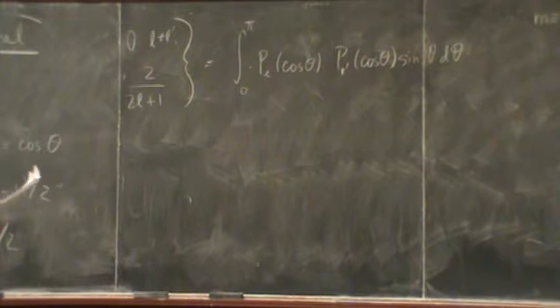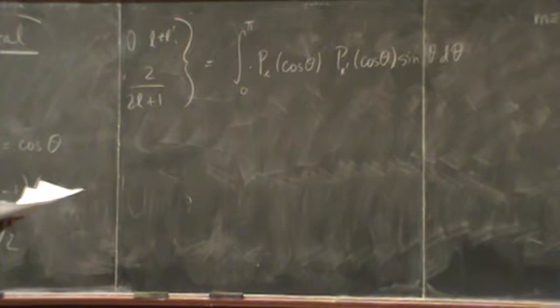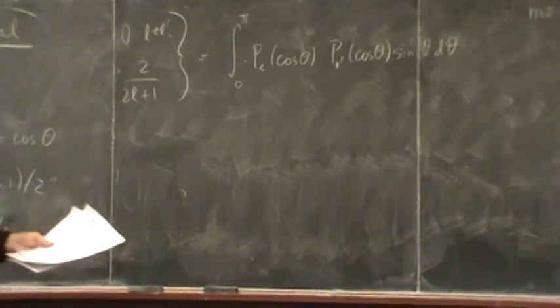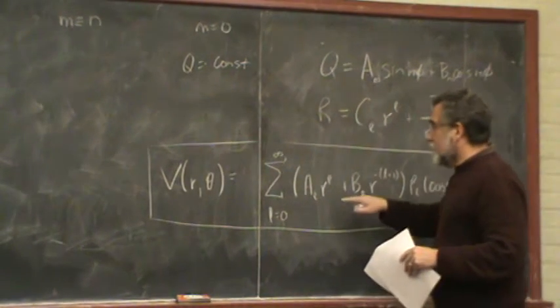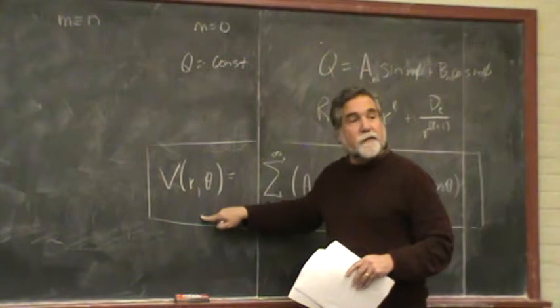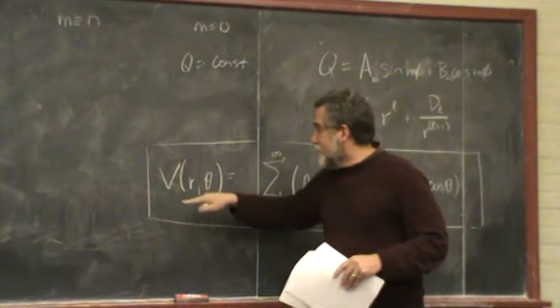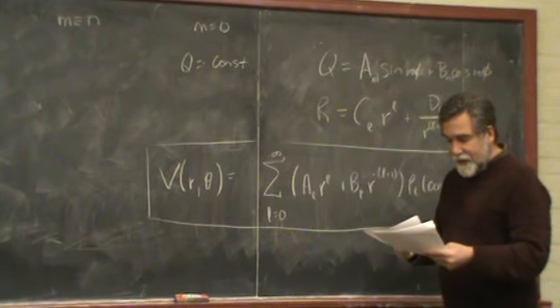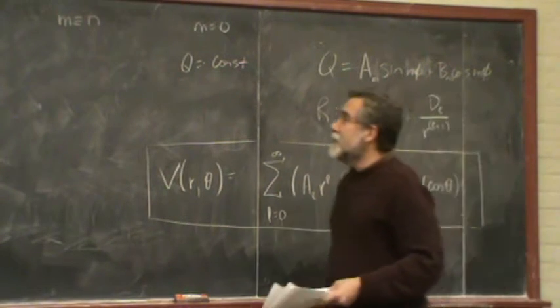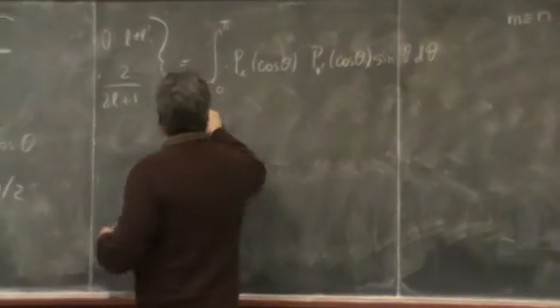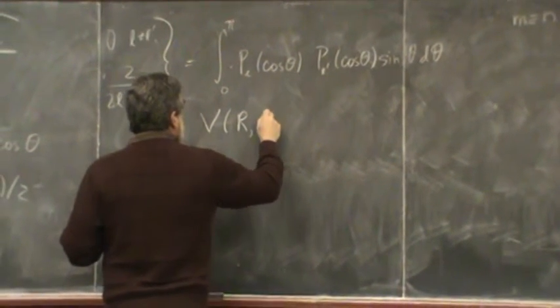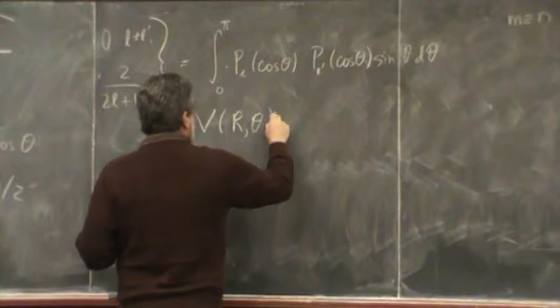So if I know what the potential has to be on a particular surface, then I have my left-hand side, and the sum on the right-hand side has got to add up properly. So let's say that now I define the potential at radius R as a function of theta.